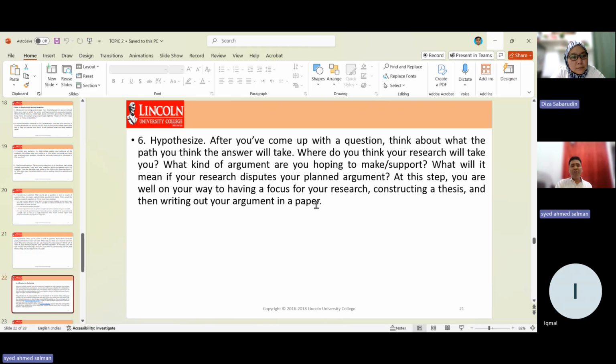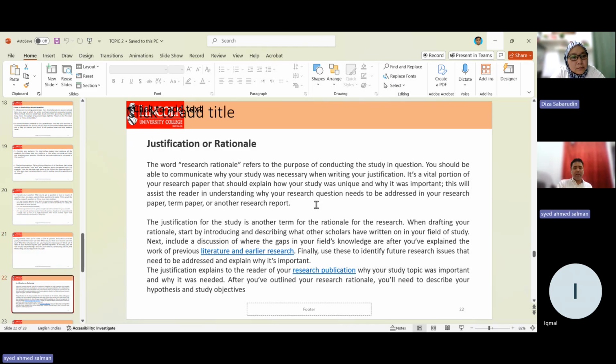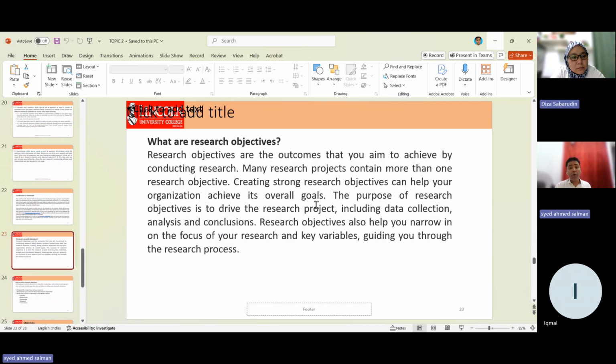Okay, now after the research question, we have to talk about the research objectives. Immediately after the research questions, we write research objectives.